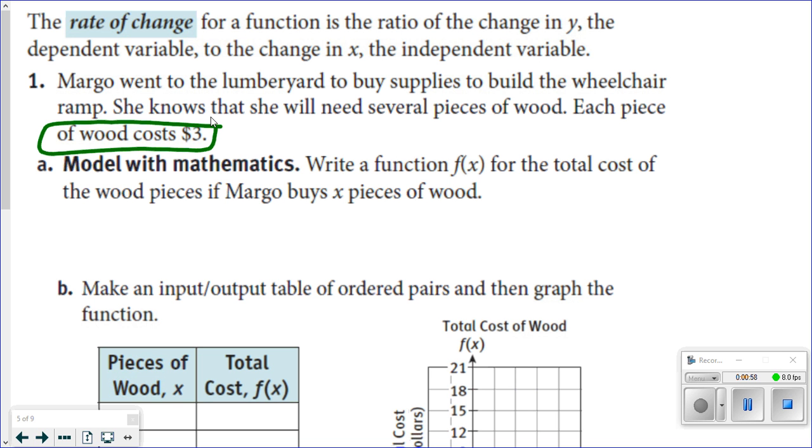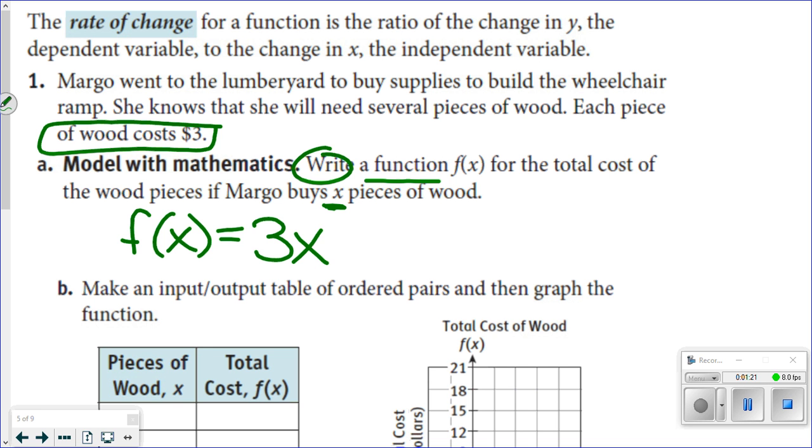So let's write a function, f of x, for the total cost of wood pieces if Margot buys x pieces of wood. So our function is going to start with f of x equals, how much does one piece of wood cost? I boxed it in above, 3, and we don't know how many pieces of wood, so we're going to use the variable x.